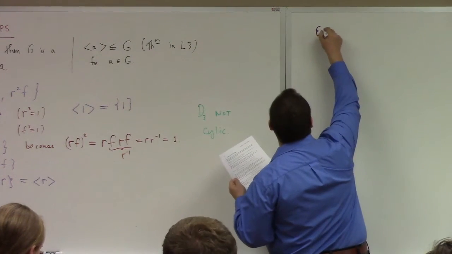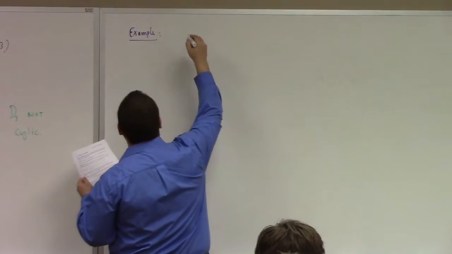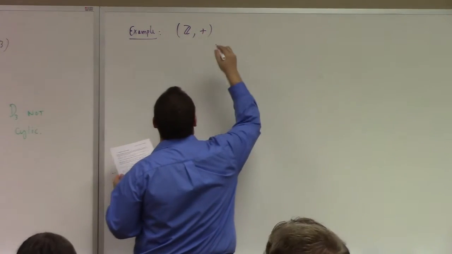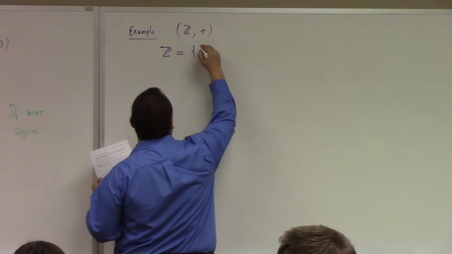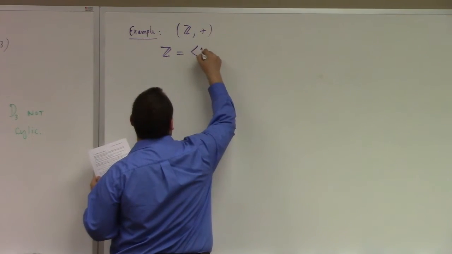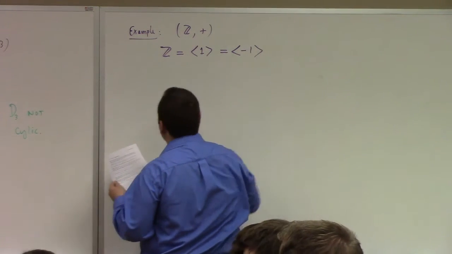Another example: you can look at the integers under addition, right? You could look at it as the group generated by 1, or you could look at it as the group generated by -1.